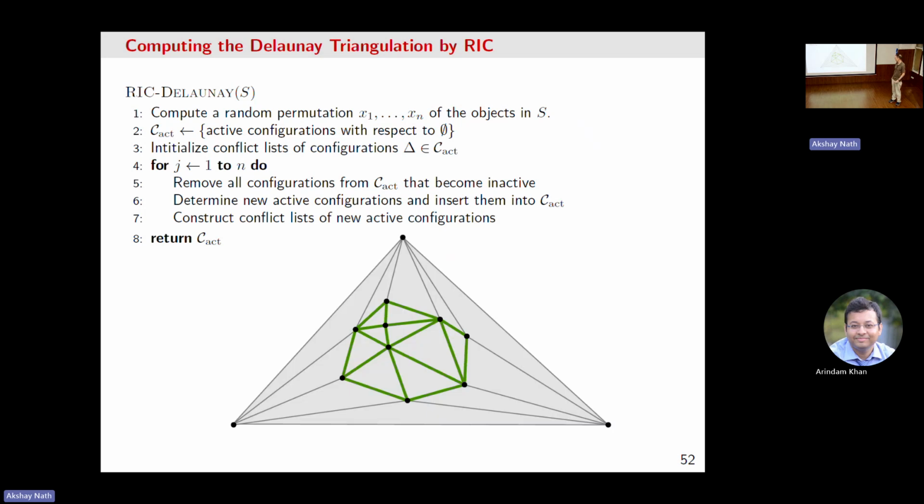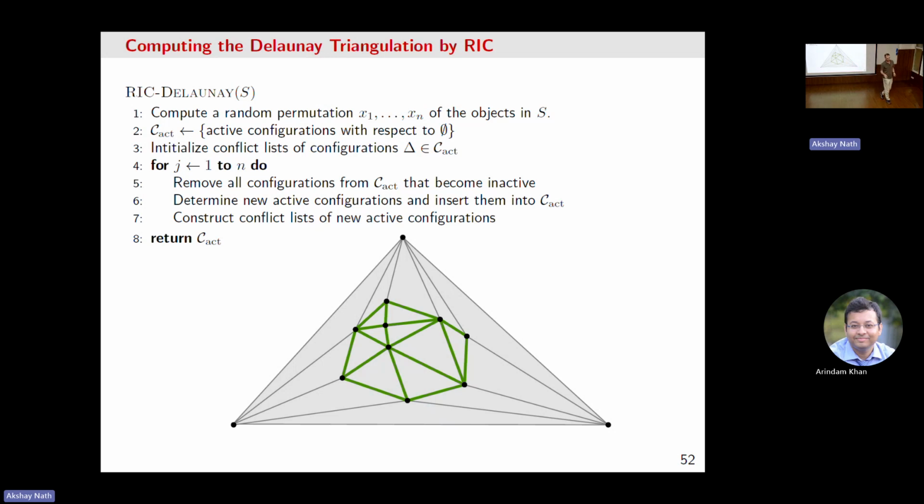So here we start with a bounding box, or maybe a big triangle, and the points of the triangle or the bounding box should be far enough away so that they don't influence what is going on here.